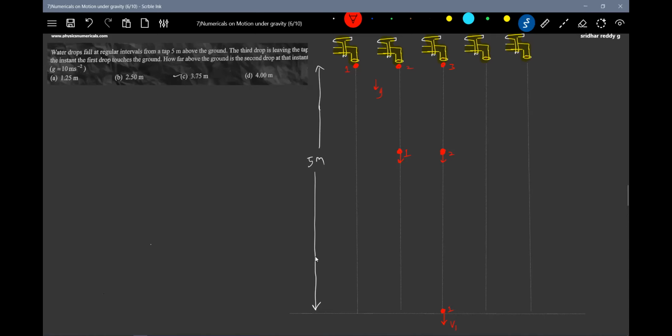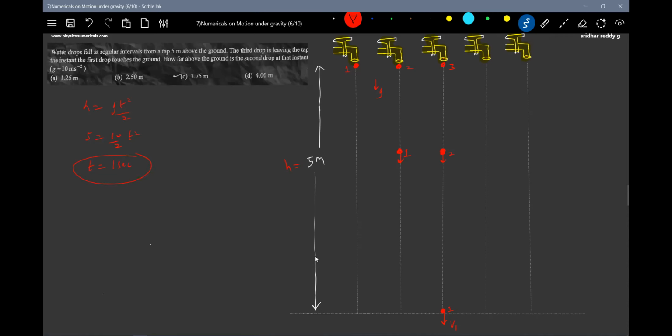Now, how much height will the first drop descend? 5 meters. H is equal to g t squared by 2. This is 5 equals 10 by 2 t squared, so t equal to 1 second.